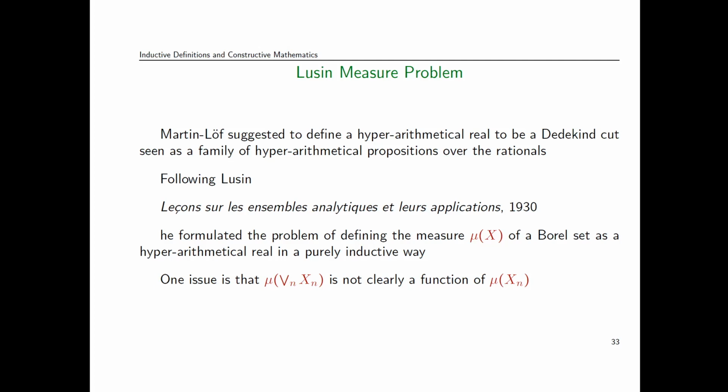It's a very natural problem. Borel sets are defined inductively, and the definition of measure as done by Lebesgue was impredicative. So the problem is, can we have a purely inductive definition of the measure? This definition should be done by induction on the structure of the Borel set.